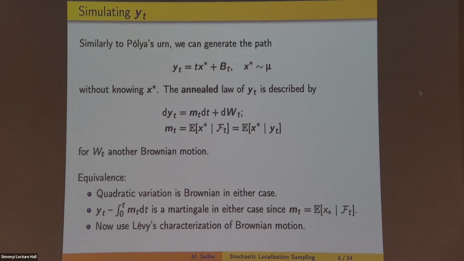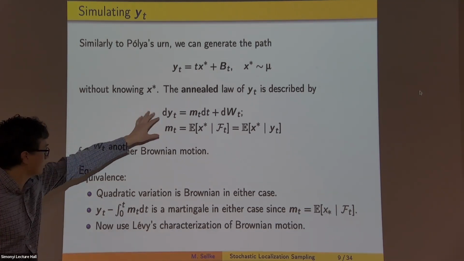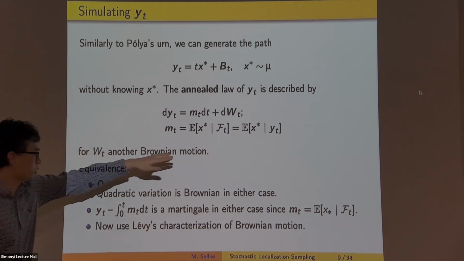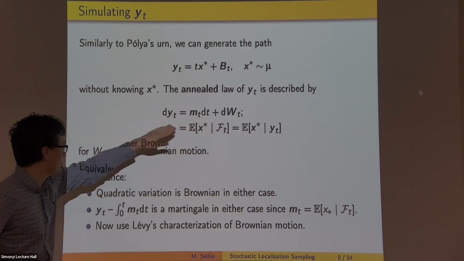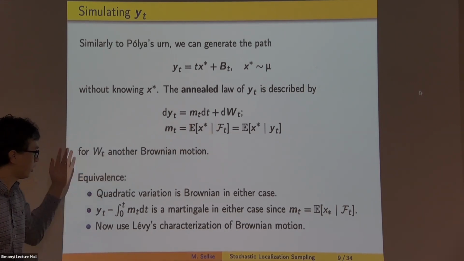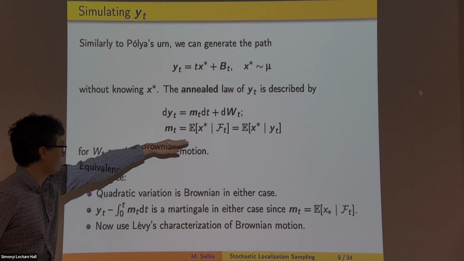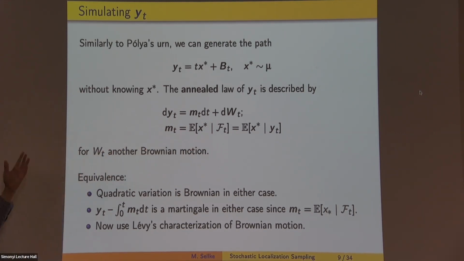Right. So basically, what we'd like to do is just understand how to simulate this. So it's just a Brownian motion with a drift that depends on time and space. And this drift is exactly the conditional mean of X star given what we've seen so far, where we think X star is some underlying drift.